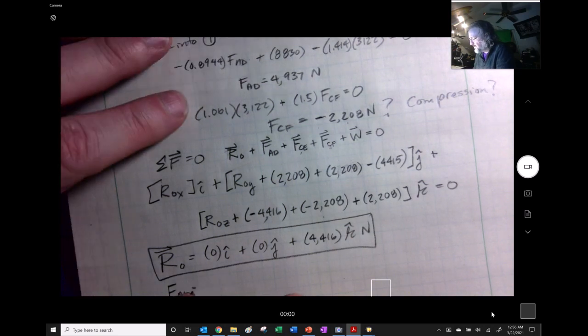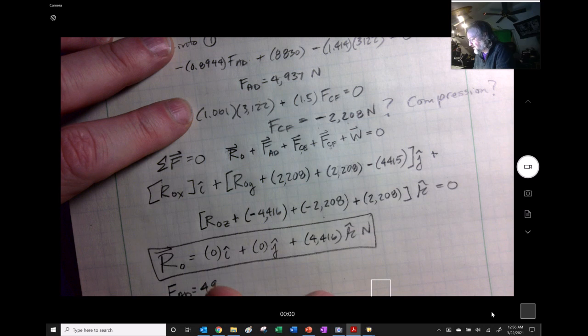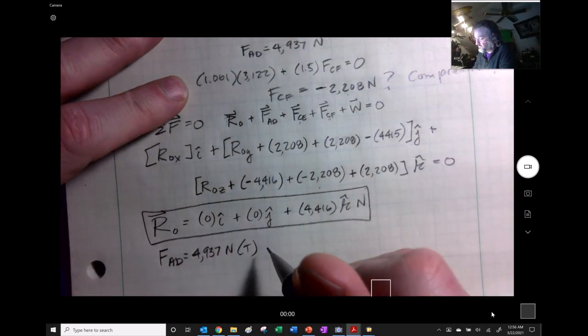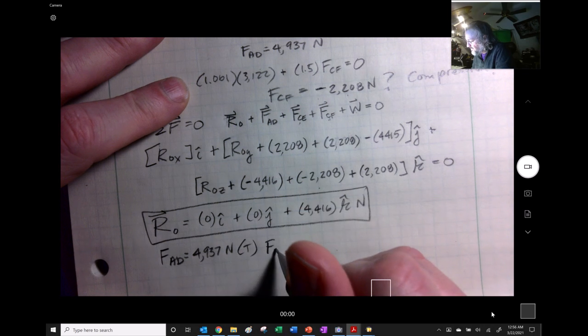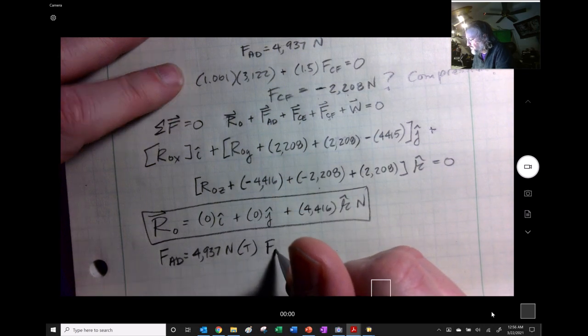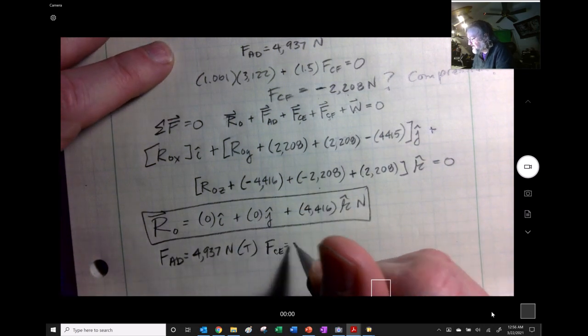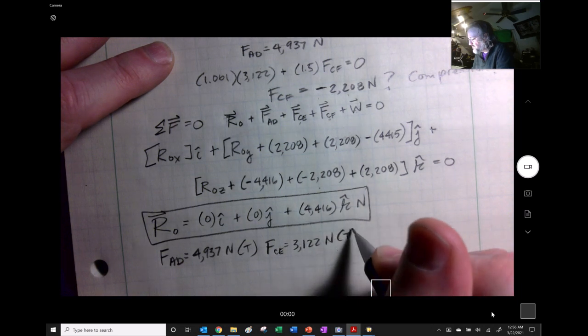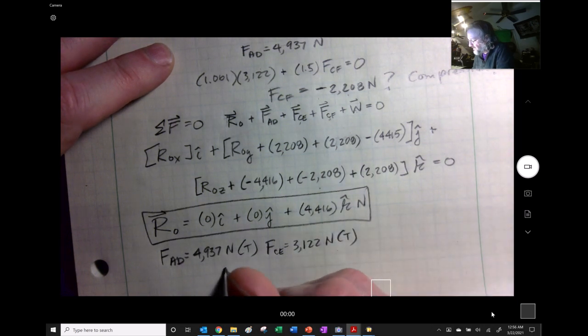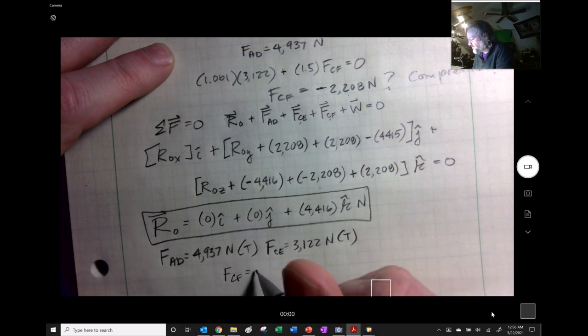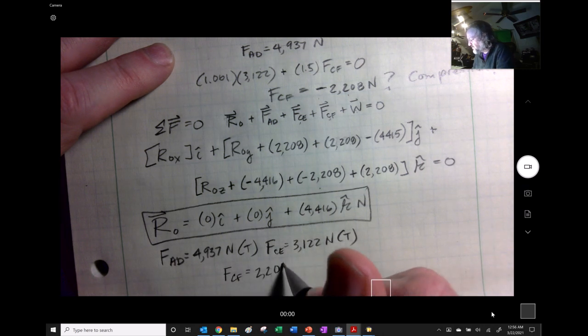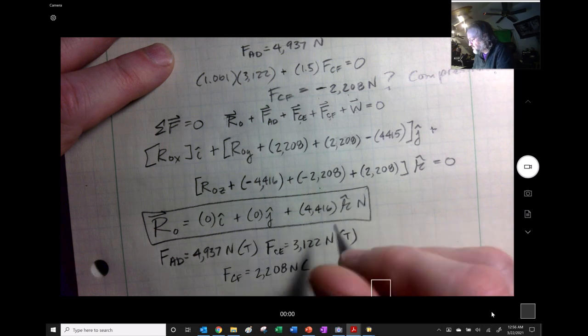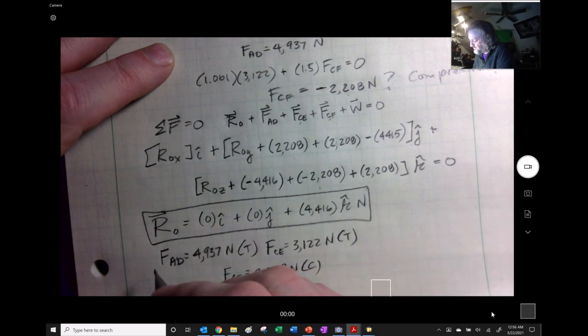FAD is 4,937 newtons tension. FCE, 3,122 newtons tension. And FCF is 2,208 newtons compression.